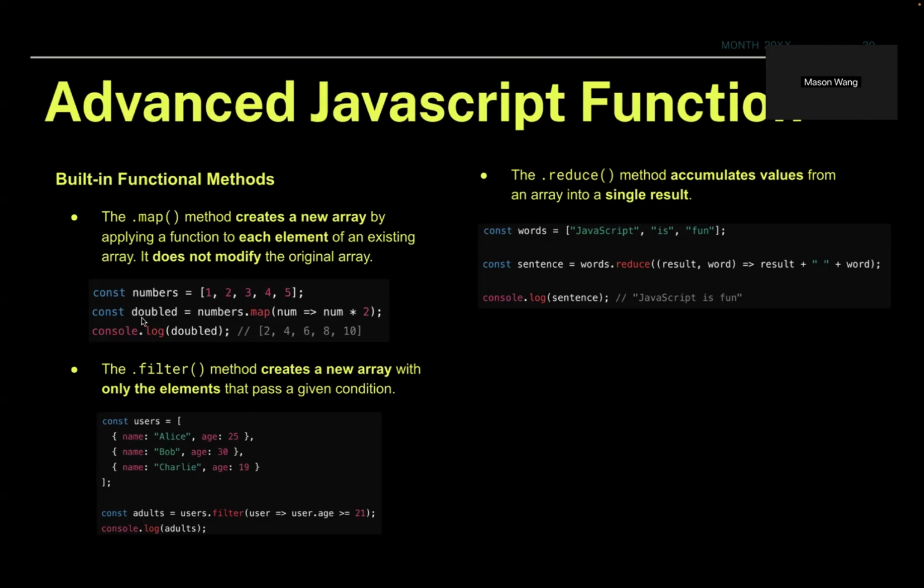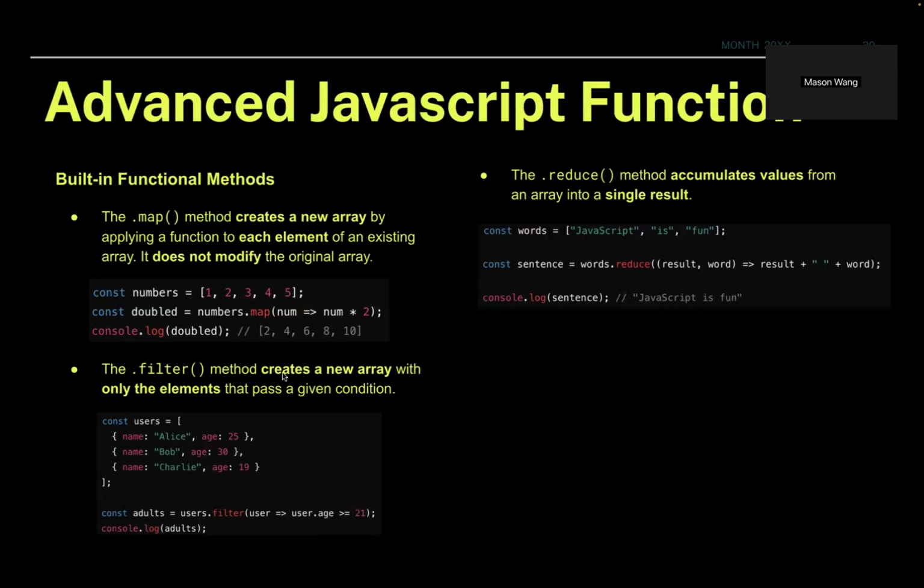If you create this function called double and use the map method, you can change every element within this numbers array and multiply each of them by 2. So when you console.log the double array result, you can see every number has been multiplied by 2.